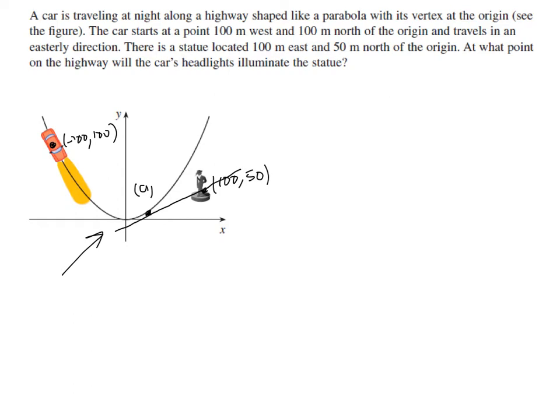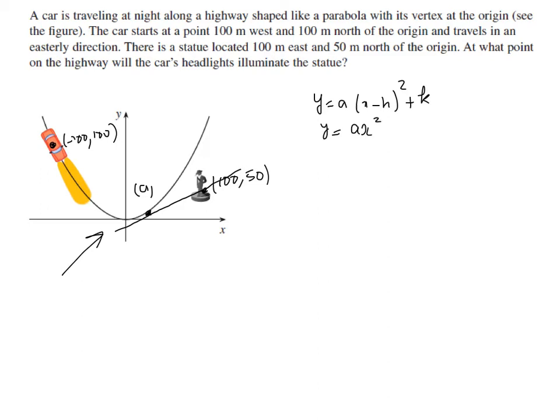Now, to find the equation of the curve, I know it's a parabola, so I can write the equation as y equals a times (x minus h) squared plus k. We know h is going to be 0 and k is going to be 0, so it's going to be ax squared.